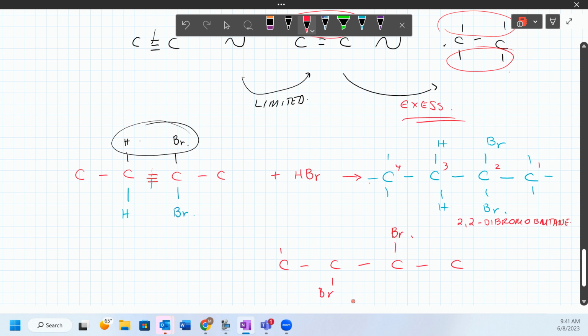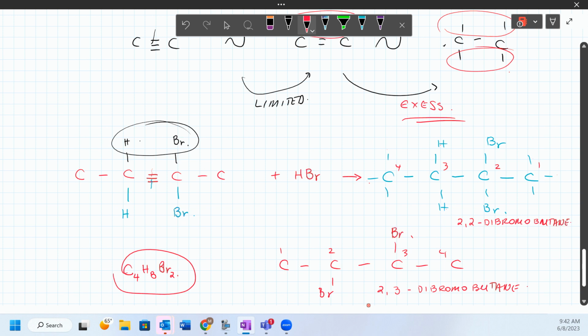And what you will have here is 1, 2, 3, 4, doesn't really matter which way you go, 2,3-dibromobutane. But when you write it as a formula, it is again C4H8Br2 as a compound when you write both of them, and those are isomers.